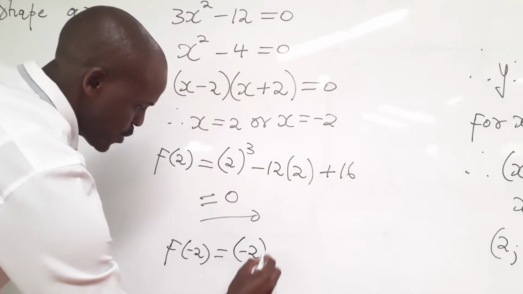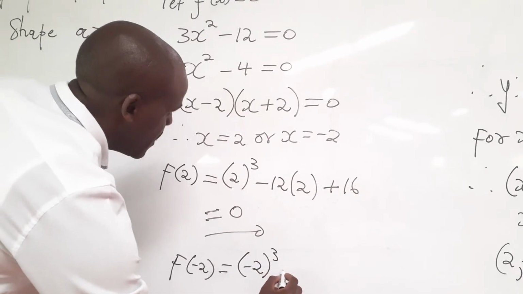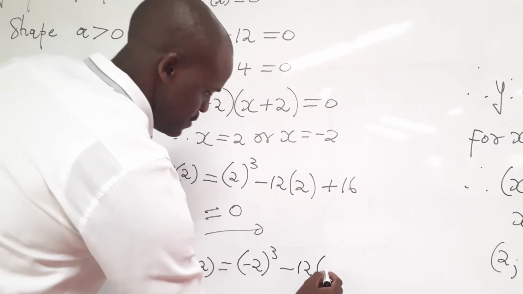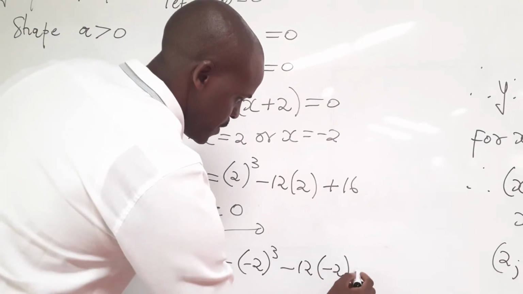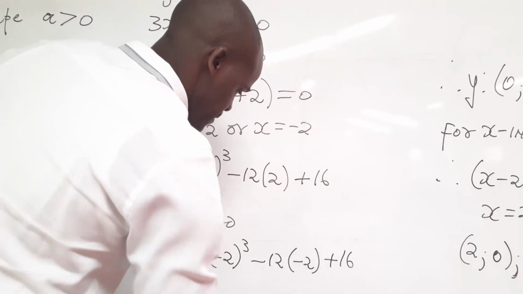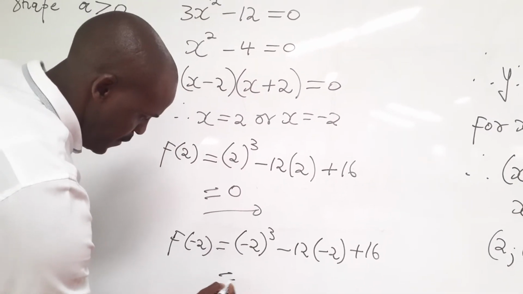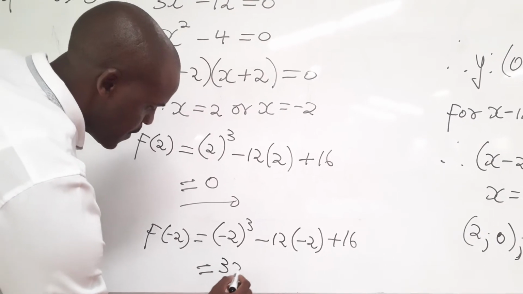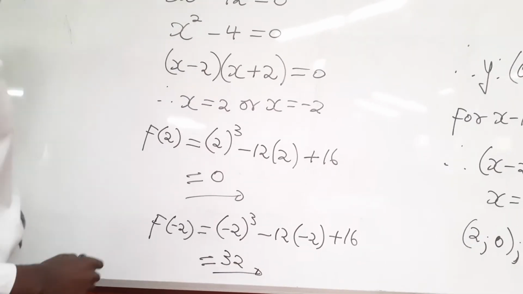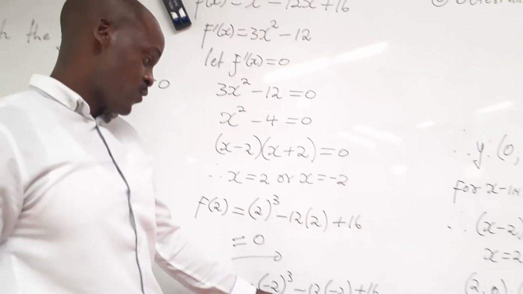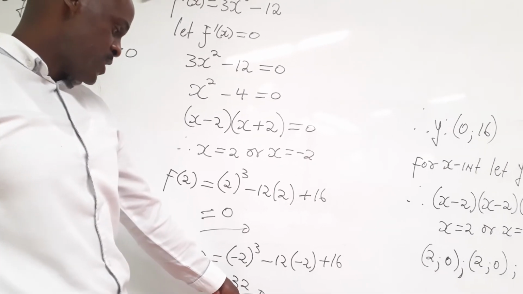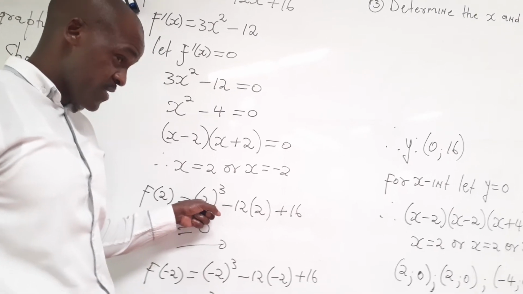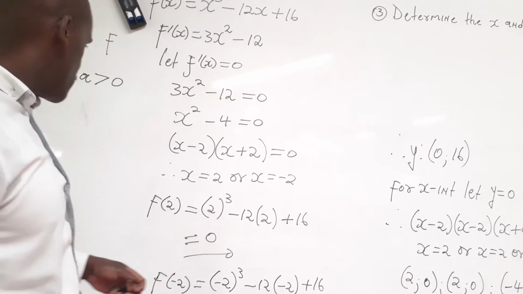It's minus 2 cubed minus 12 times negative 2 plus 16. And then the answer will be 32. Right. If x is equal to negative 2, y is equal to 32. If x is equal to positive 2, y is equal to 0.